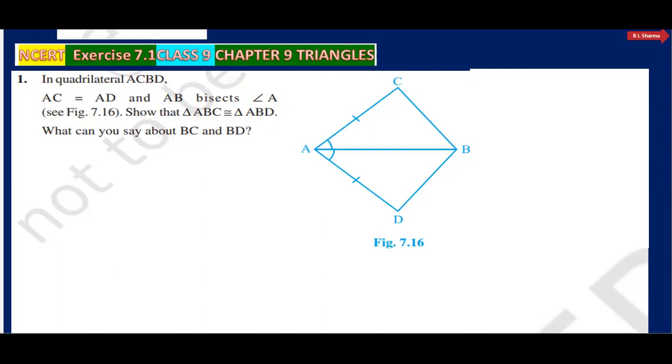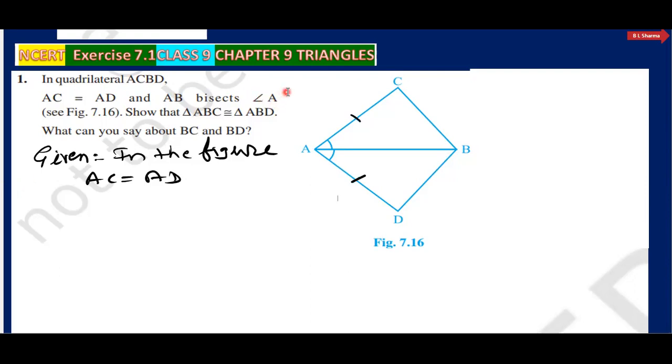See here, given in the figure, AC is equal to AD, number 1. And AB bisects angle A. AB bisects angle A means this angle is equal to this angle. So we can say angle BAC is equal to angle BAD.